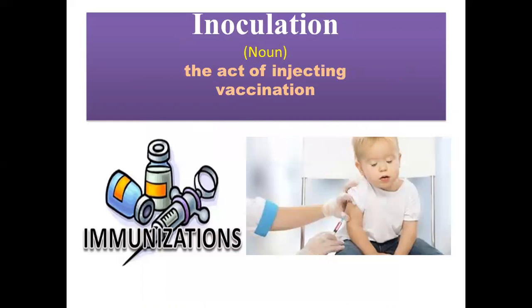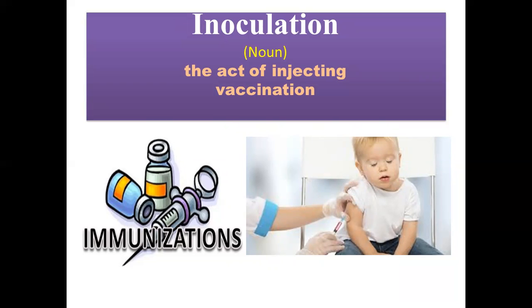Next is inoculation. Now this is a noun and it is the act of injecting or vaccinating. Okay, so it's a vaccination and it's the act of injecting. Inoculation and immunization are quite related to each other.